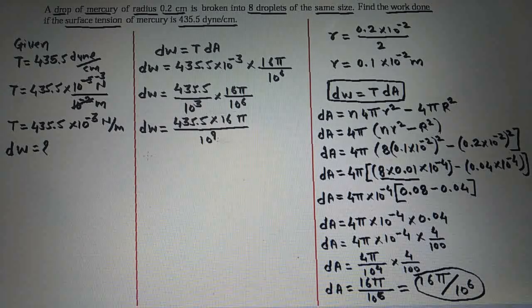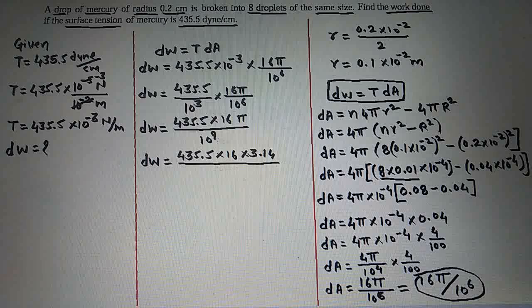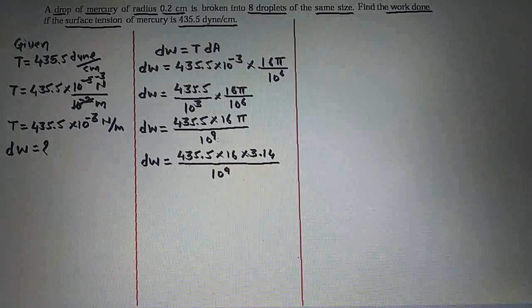Next we will write here dW is equal to 435.5 into 16 into pi, which is 3.14, divided by 10 raised to 9. Next we will do the calculation of this 435.5 into 16 into 3.14 by using the log table.